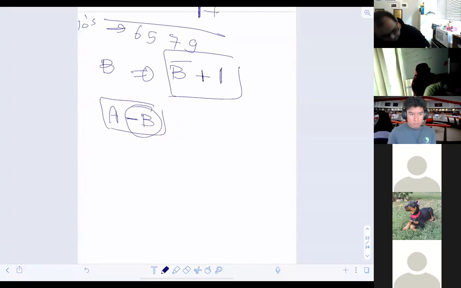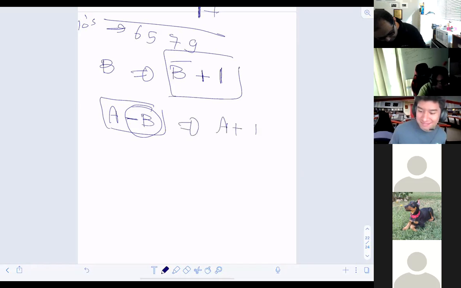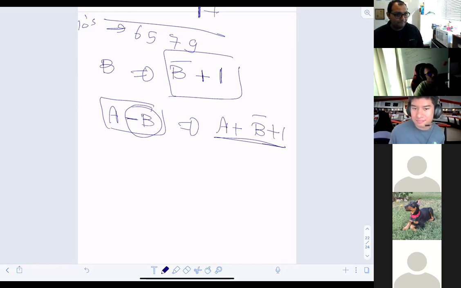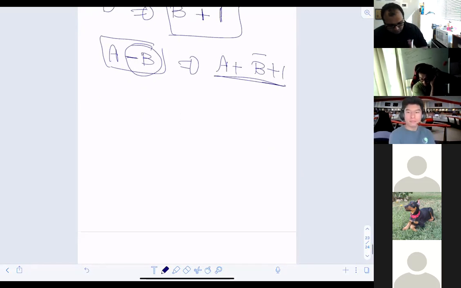That minus B will be converted to the 2's complement if I'm in binary, 10's complement if I'm in decimal, 8's complement if I'm in octal, and so on. That makes sense? We'll do it. Anyway, A minus B should be written into A plus the complement of B like this. So everything turns into adding. Okay? So let's do some examples for this.